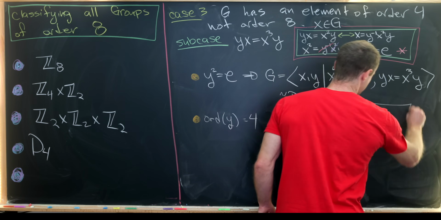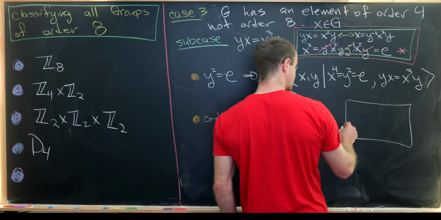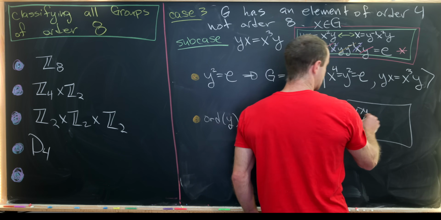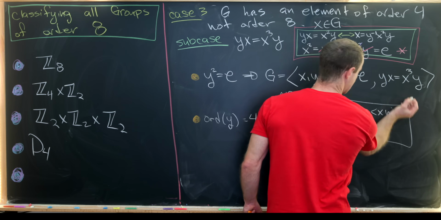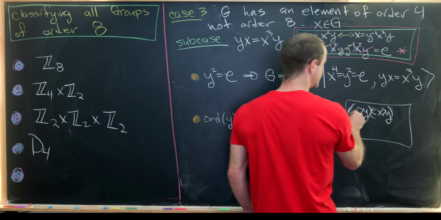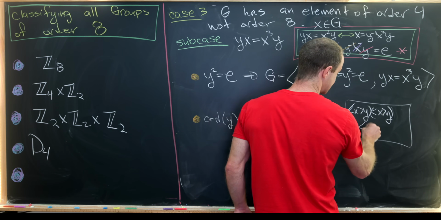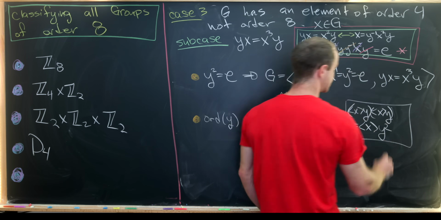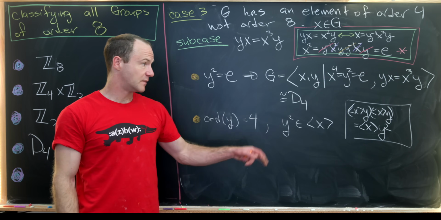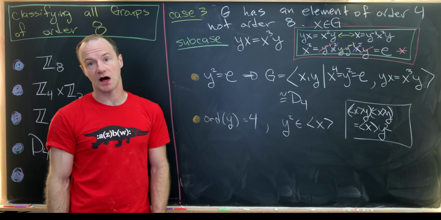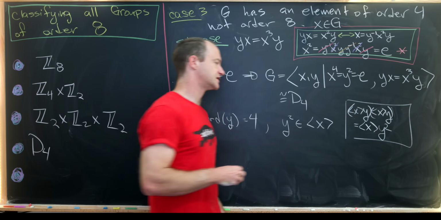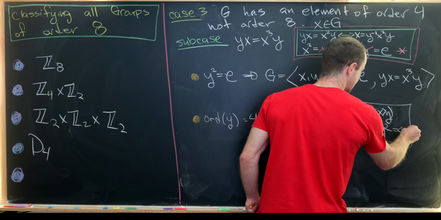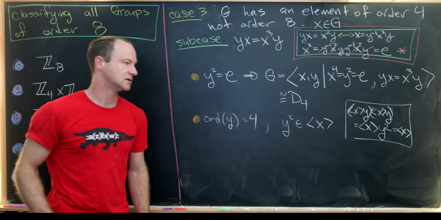Well, that's because if we look in the quotient group, x and y as elements of the quotient group, those two cosets give us x, y squared. But we also know that that's two non-identity elements of a group that's a cyclic group of order 2. So this has to be equal to the coset generated by x.